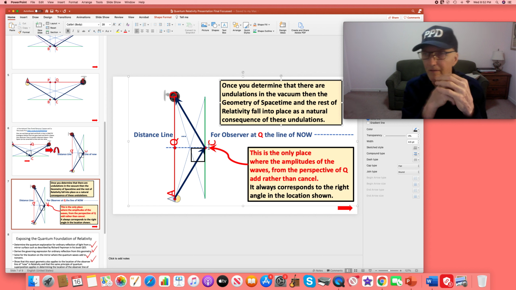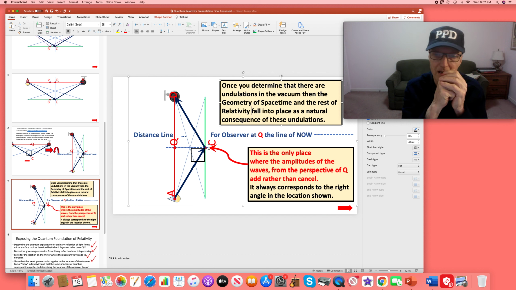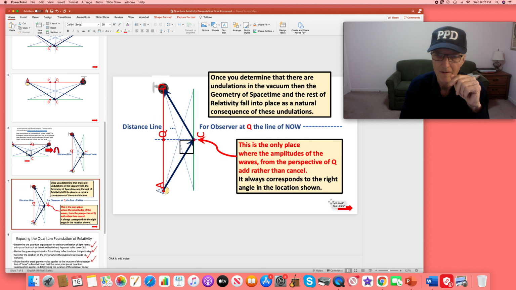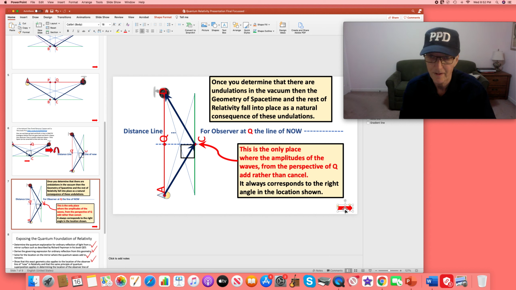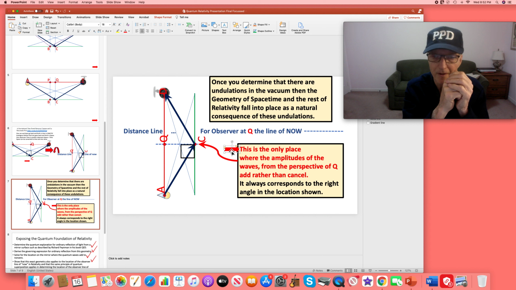That's the distance line, the spatial line between point Q and C. This is the only place where the amplitudes of the waves from the perspective of Q, the observer at Q, it could be a machine or a person, add rather than cancel.